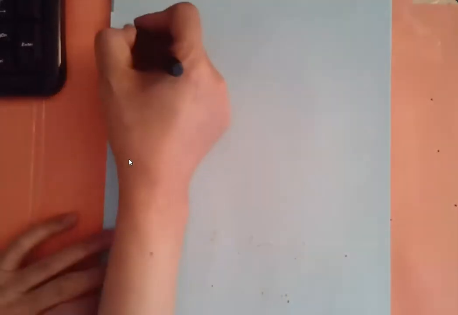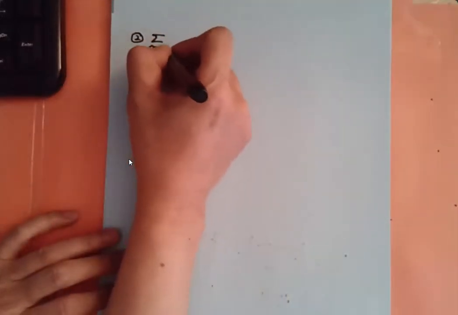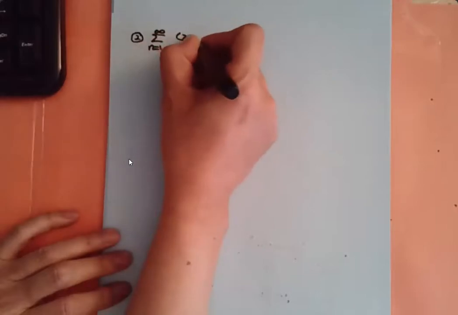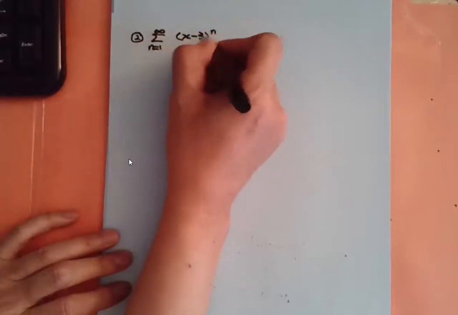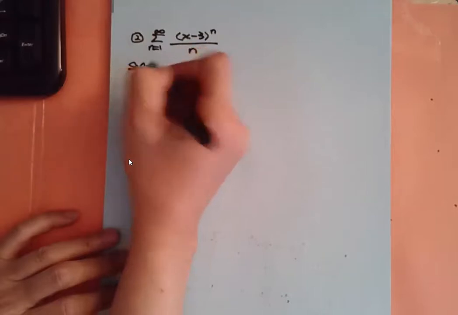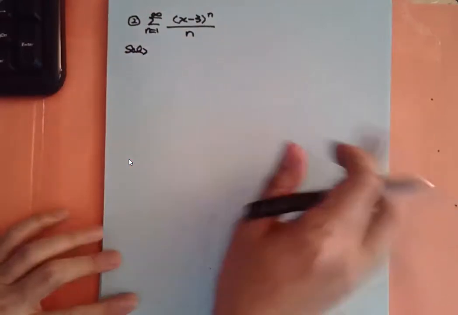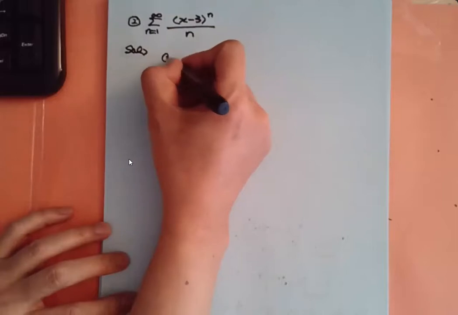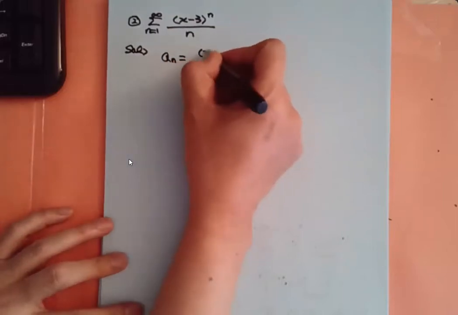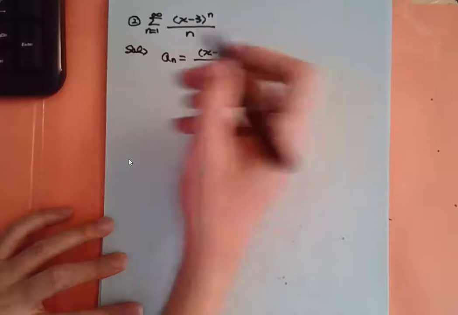Let's do a different pattern of problem. The next one is the summation n equals 1 to infinity of (x minus 3) to the n power over n. So a_n equals (x minus 3) to the n power over n.